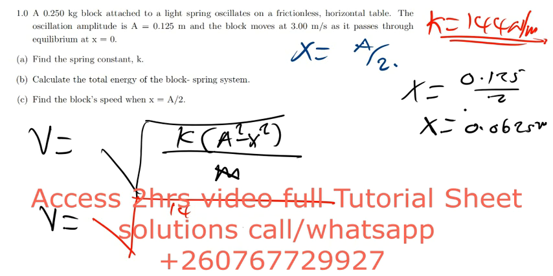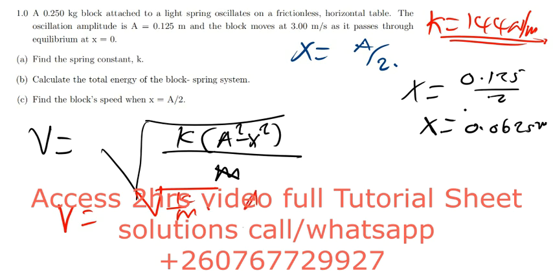When you reach this point, this formula can be written as v equal to the square root of k over m times, this square now is going to be removed, a minus x, like that. Now in this case our x is this one.